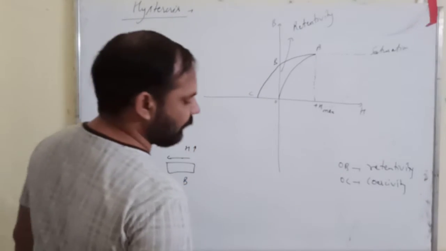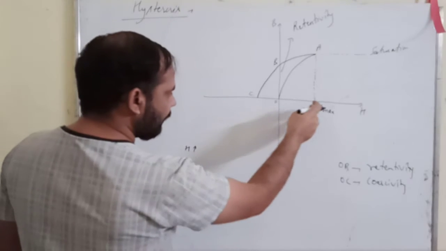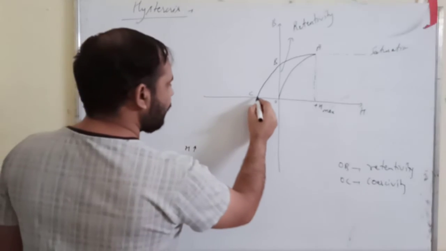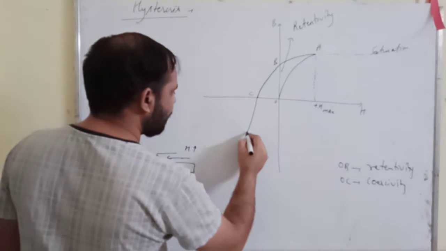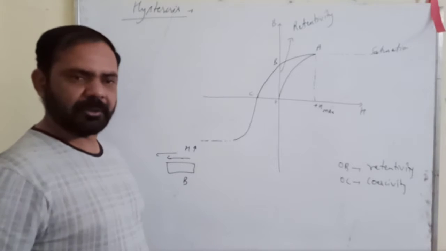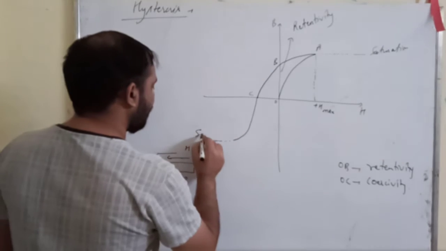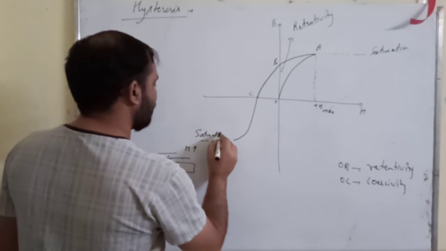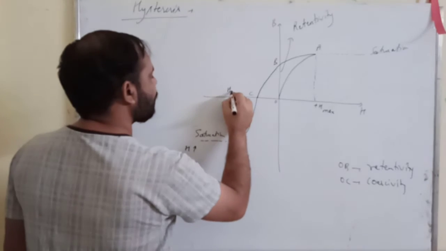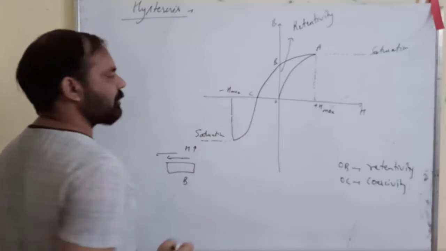So we get this graph. Now when we further increase the value of H in the opposite direction, we get a graph of this nature, and it attains saturation in the opposite direction, right? This is the maximum value, H max, in the opposite direction.